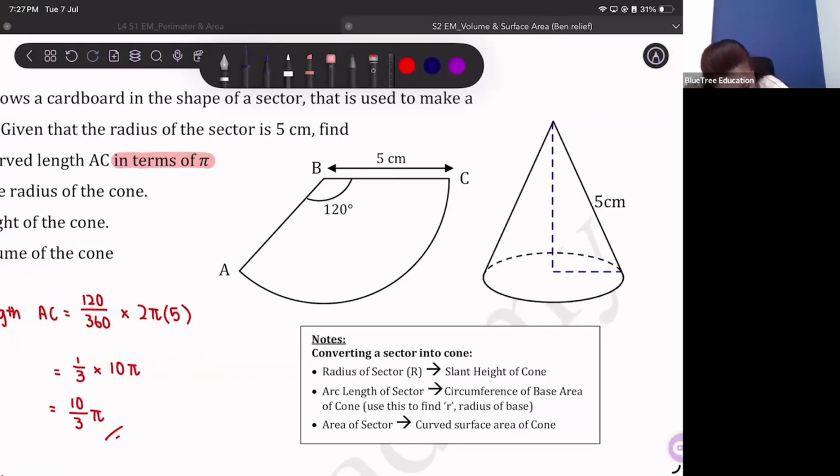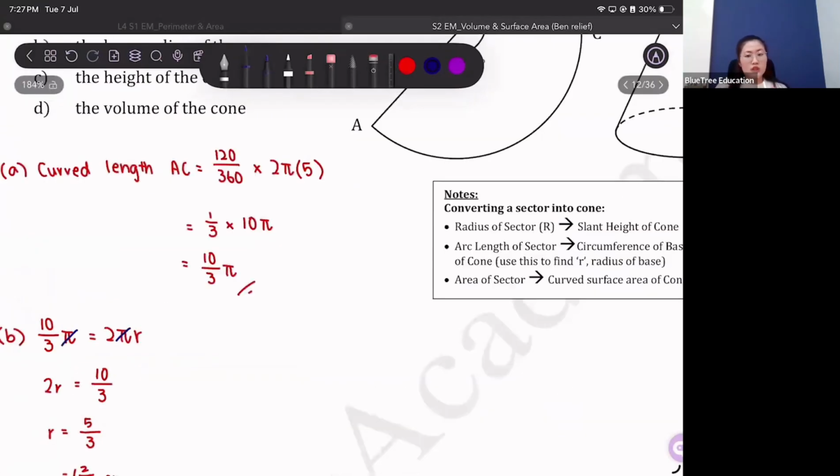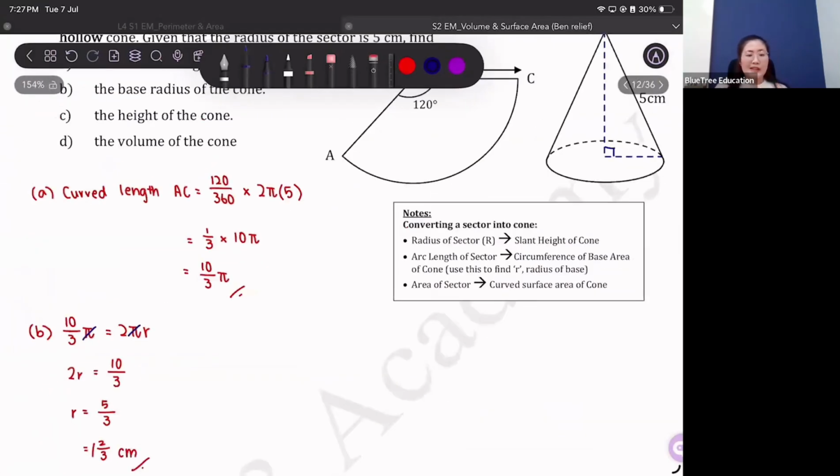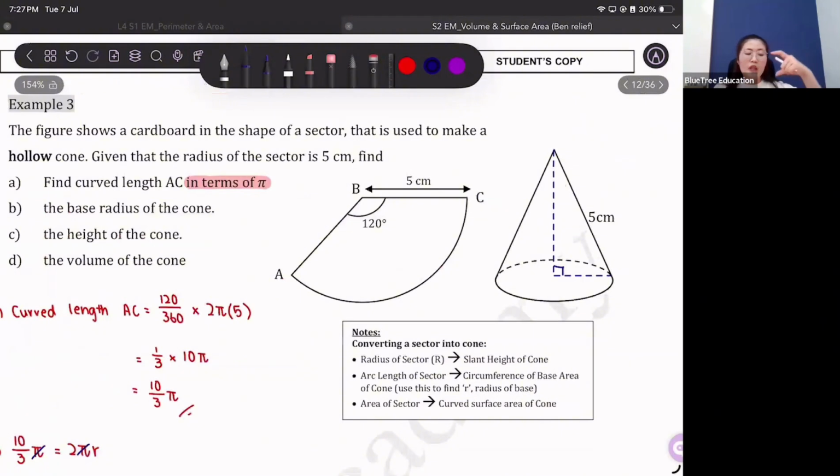We have this right angle triangle where my slant height is my hypotenuse, and I found my r, which is 1 and 2 over 3. So using Pythagoras, I can find my perpendicular height.